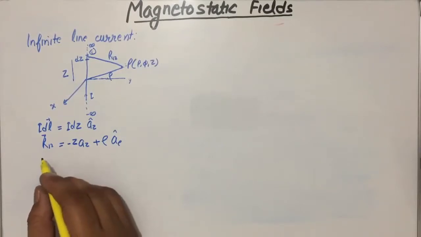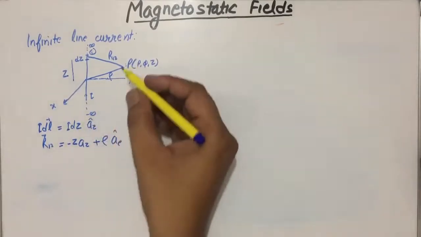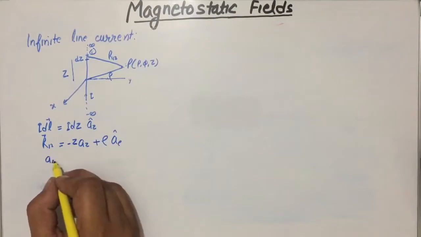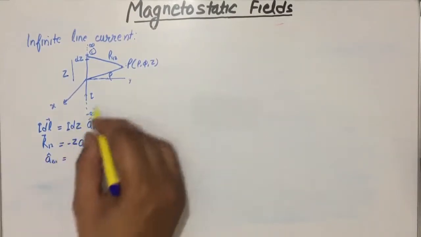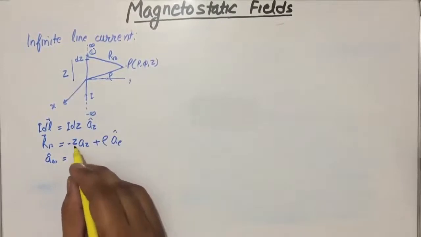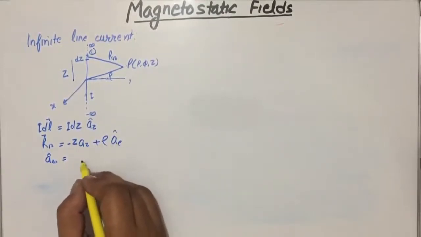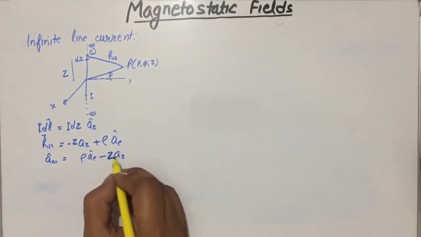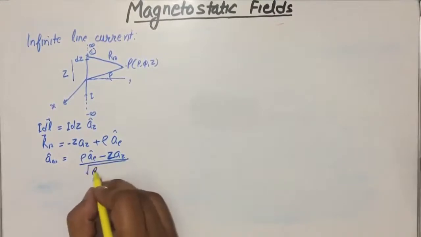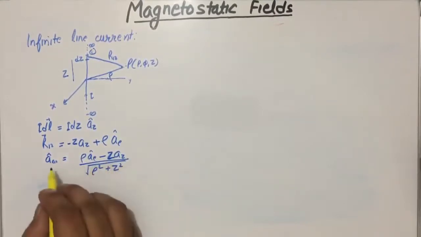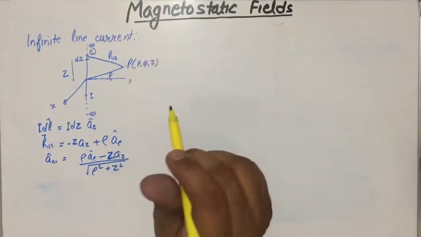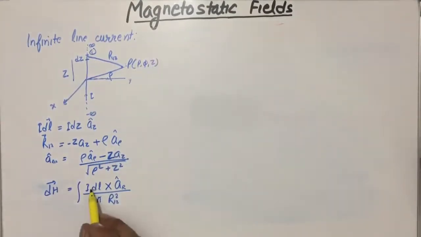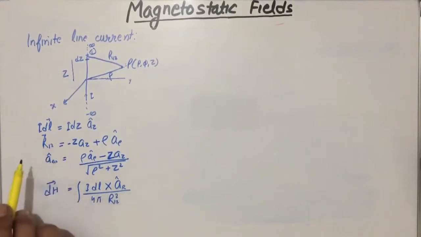Now, if we wish to find the unit vector in the direction of the radial vector R12, we divide it by its magnitude: rho arrow minus z az divided by the square root of rho square plus z square. This will be the unit vector in the direction of R12. So let us find IDL cross AR as in the definition.